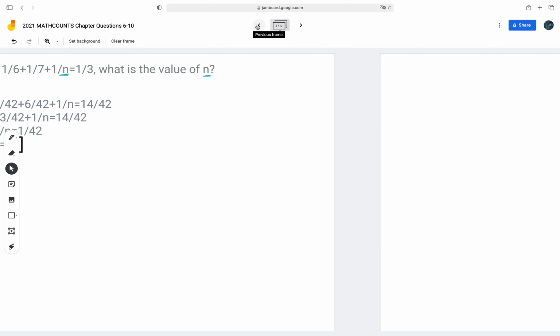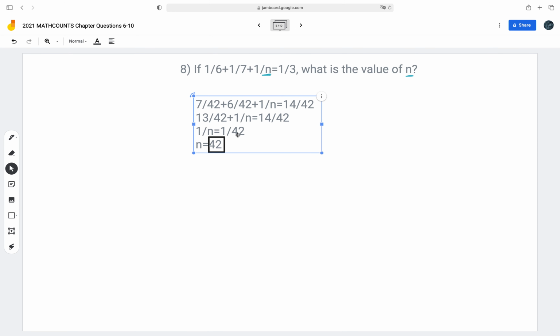42. But let's say you come up to 1 over n equals 0.5 over 42.